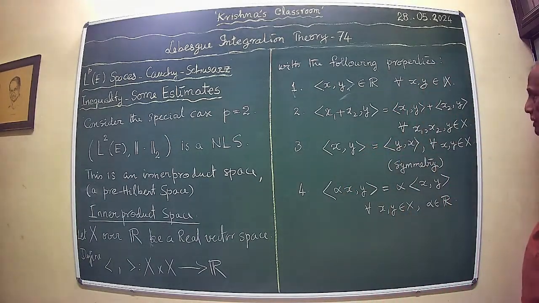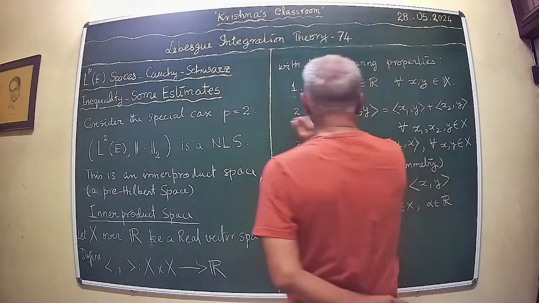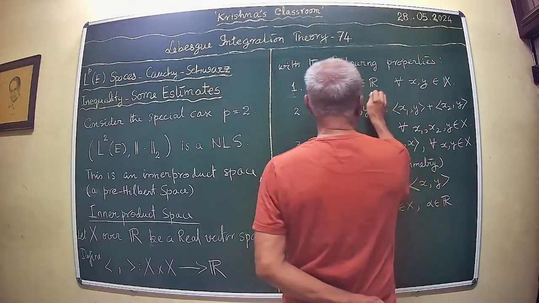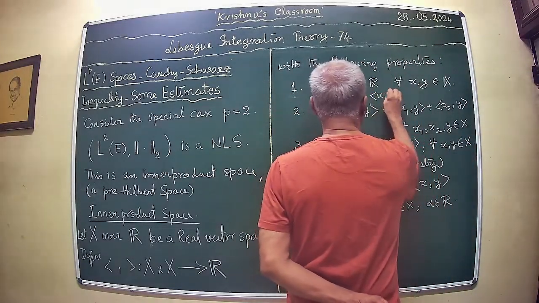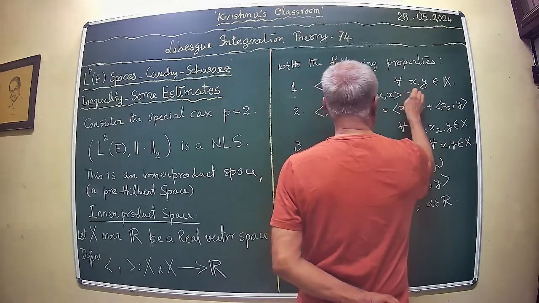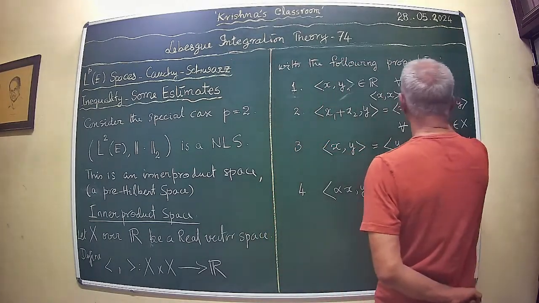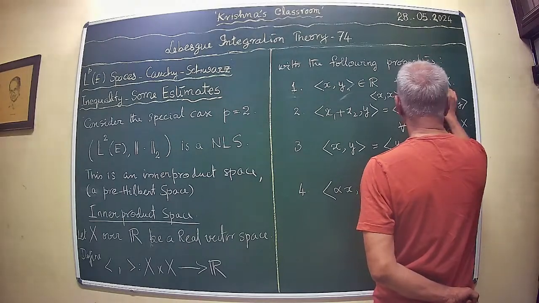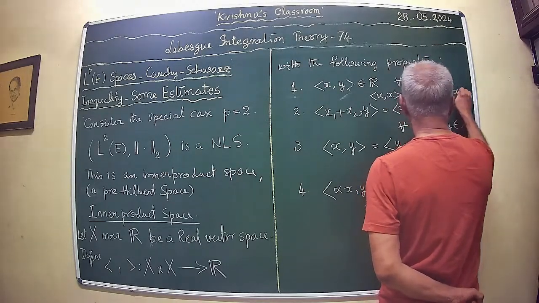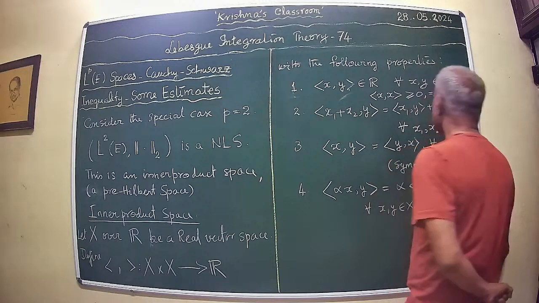These four properties. Now one more thing that you have here is that the inner product of x with x is greater than 0, and equal to 0 implies x equal to 0.